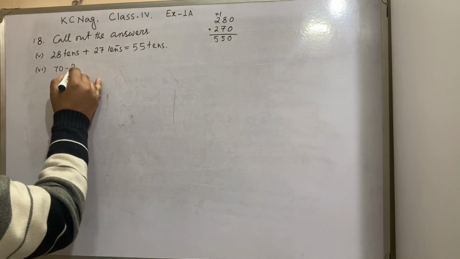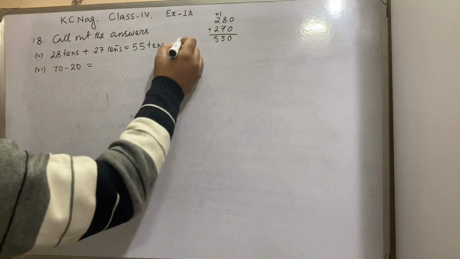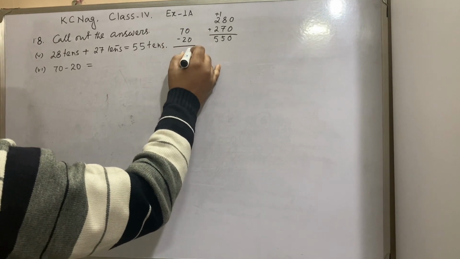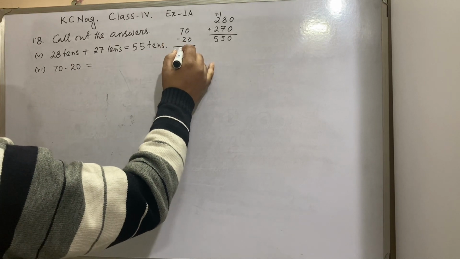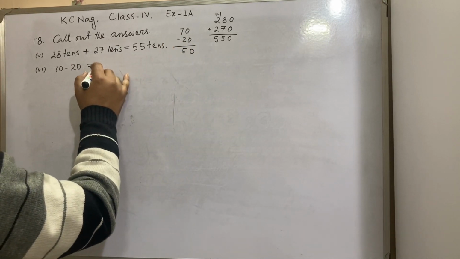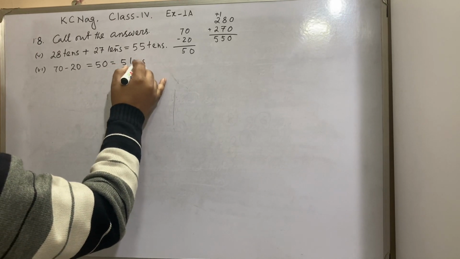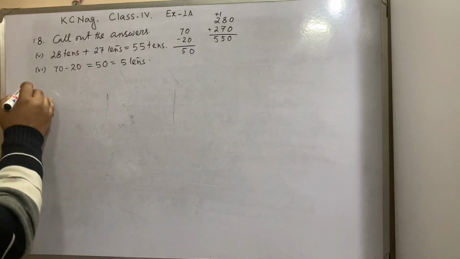Okay. Next, question number 6. 70 minus 20 is equal to, so 70 and 20 subtraction. 0 0, 2 to 7 we have to count 5, that means what, 50 or 5 tens. Okay.